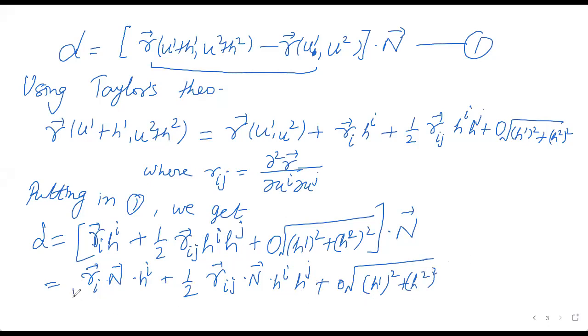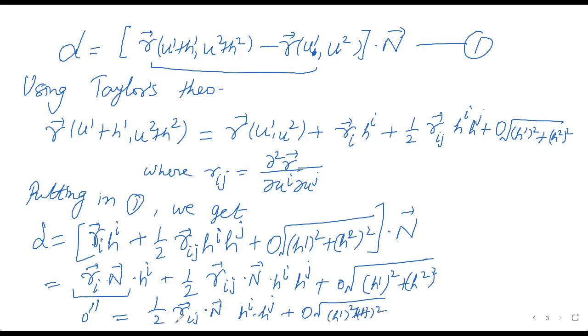And what about this Ri dot n? This is 0, because Ri is a tangent vector and n is a normal vector, so this is 0. So you have only this term. This equals half of Rij dot n into hi hj plus order of h1 square plus h2 square.